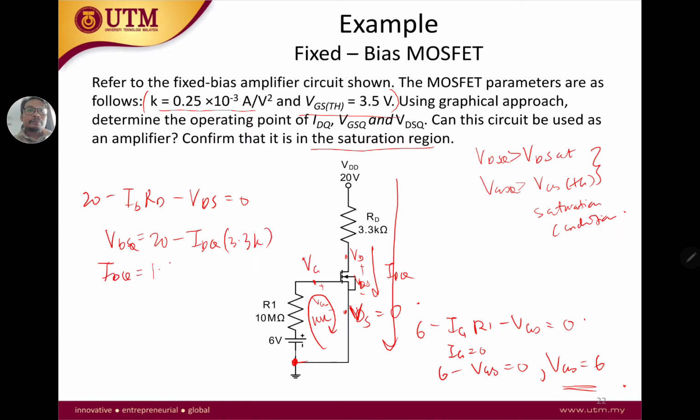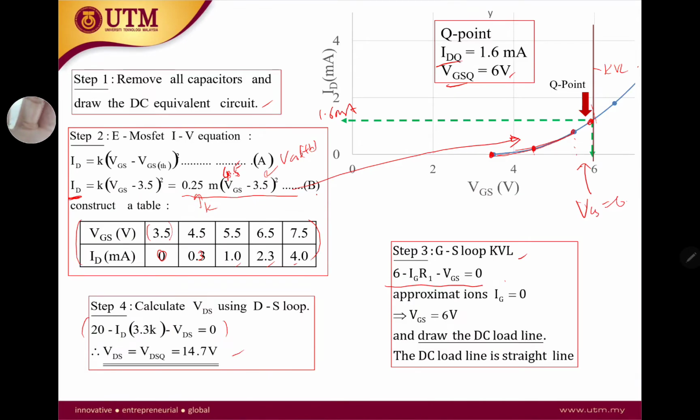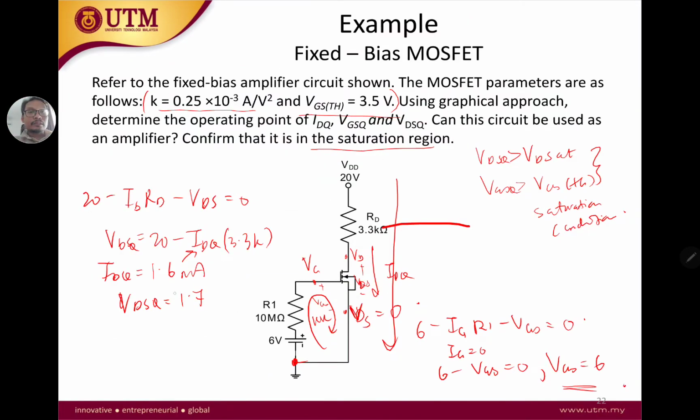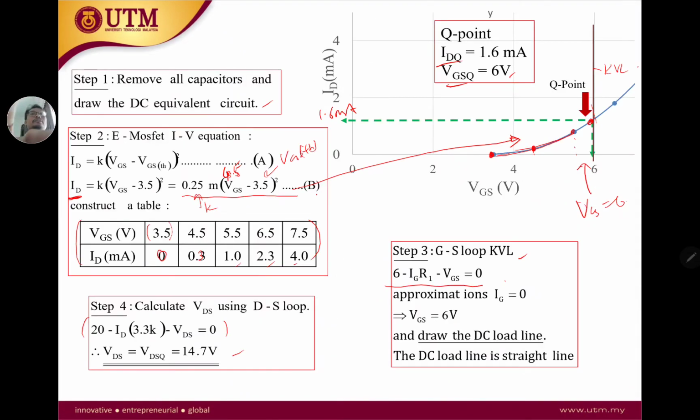IDQ equals 1.6 milliamps. So you can just substitute 1.6 milliamp for the IDQ, and you should be able to get 14.7 volts for your VDSQ.